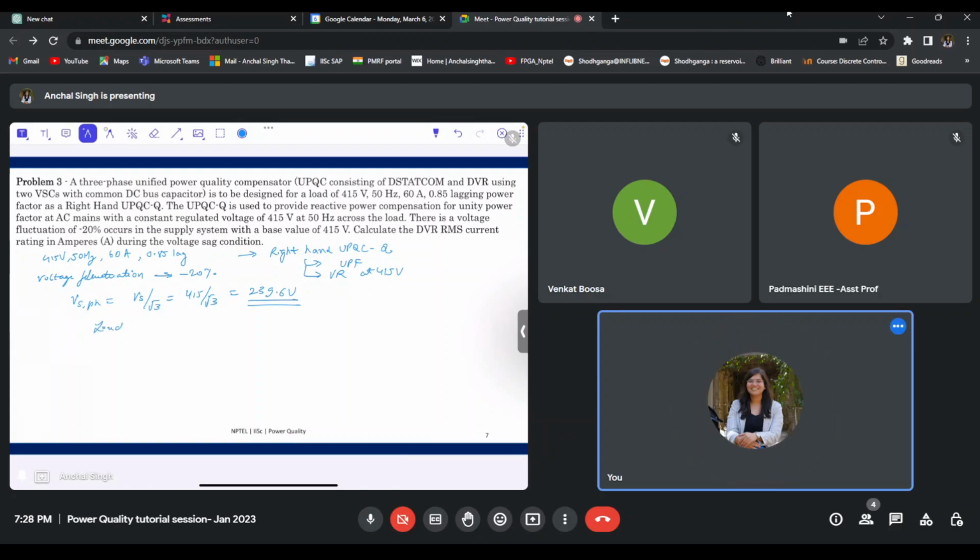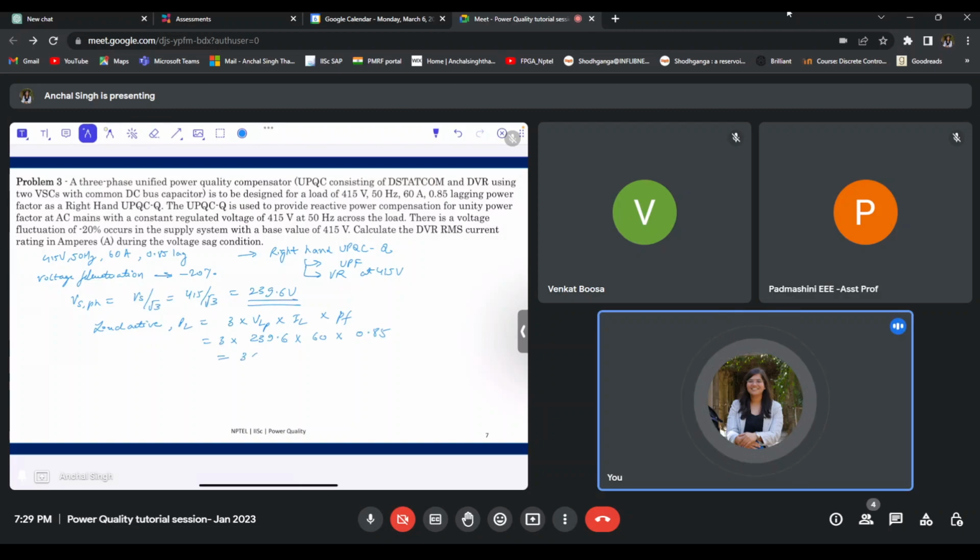Now, load active power will be equal to 3 into V load phase into I load current into power factor. This will be 3 into 239.6 into load current, given as 60 amperes, and power factor given as 0.85 lagging.